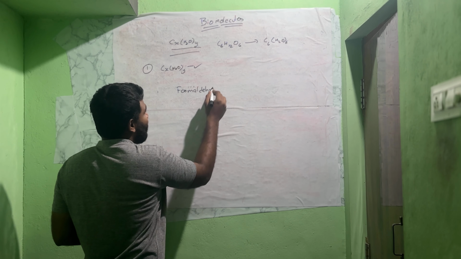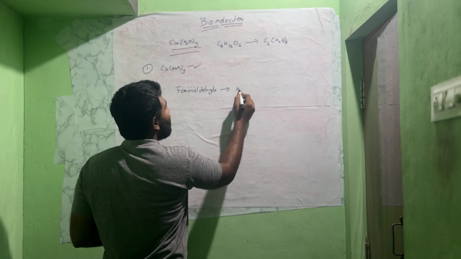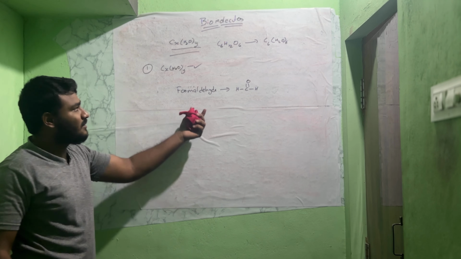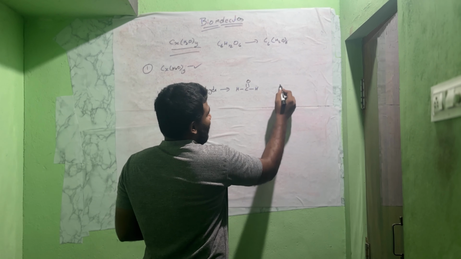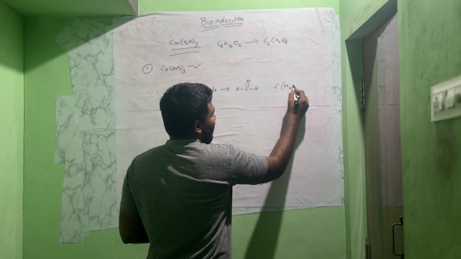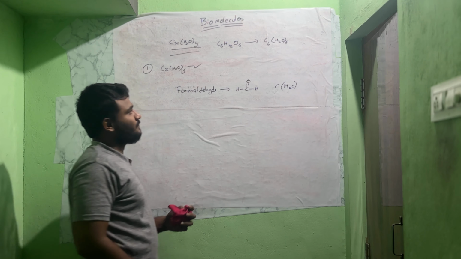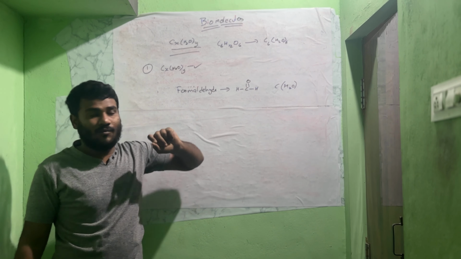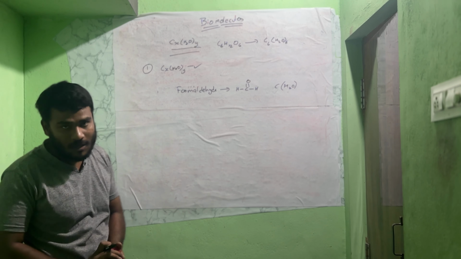Do you know the formaldehyde formula? That is HC double bond OH. If you see here, it is satisfying the carbohydrate general formula, but it is not behaving as a carbohydrate.